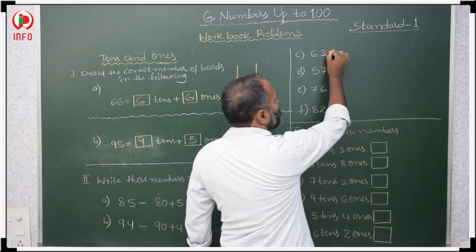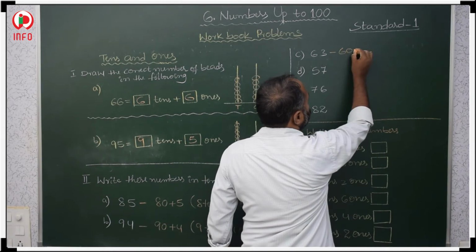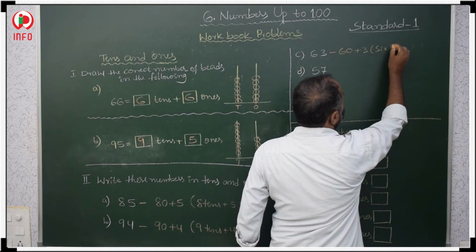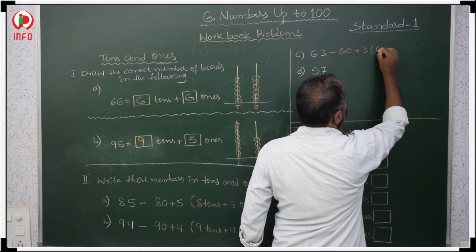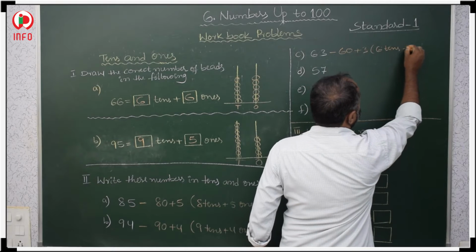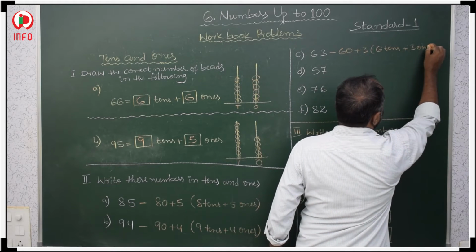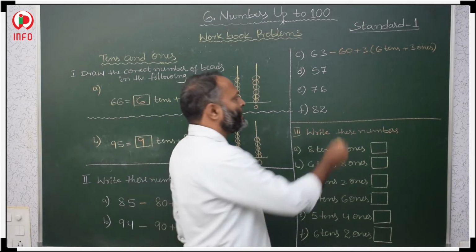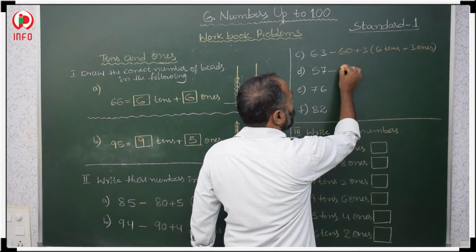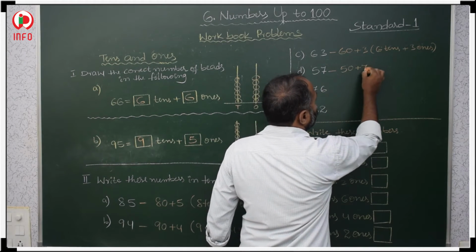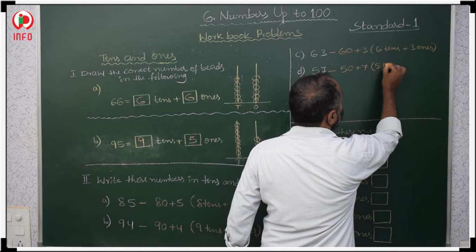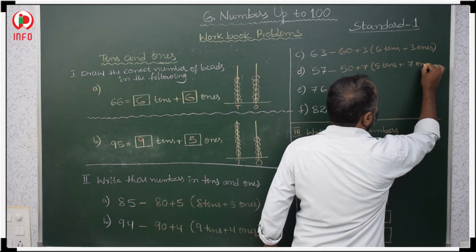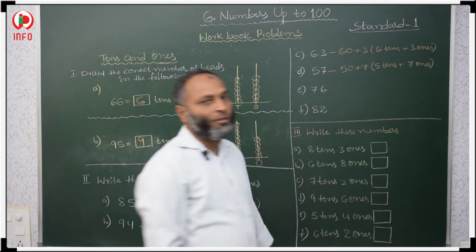63. So what is this 63? 60 plus 3, 60 means 6 tens, write 6 tens plus 3 ones, 63. 57, that is 50 plus 7, 50 plus 7 means 5 tens plus 7 ones, that is 57.